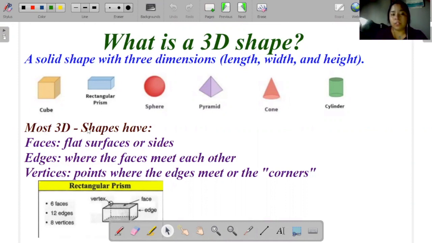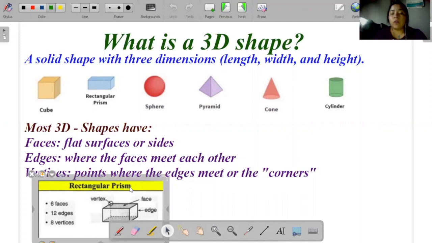Most three-dimensional shapes have faces, or flat surfaces, or sides; edges, that's where the faces meet each other; and vertices, the points where the edges meet, or the corners of the shape.